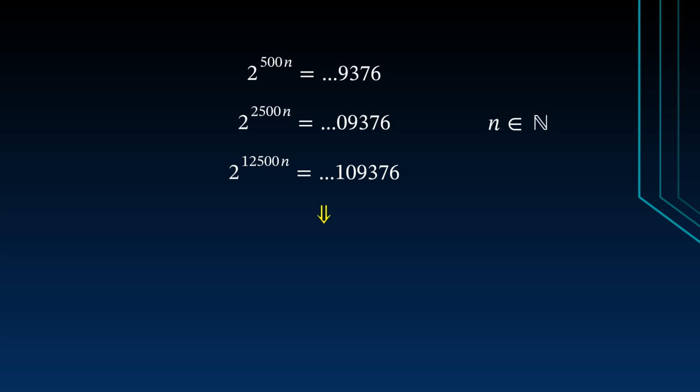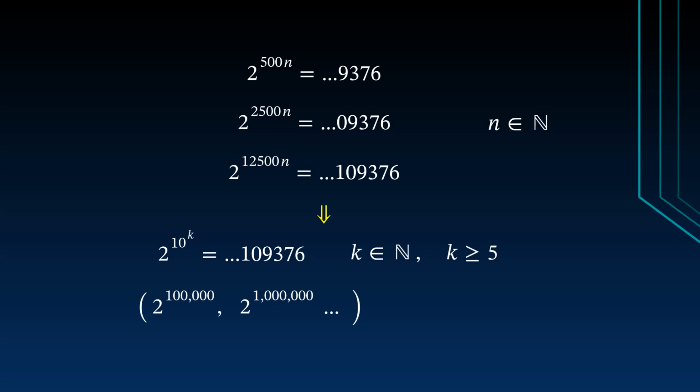Also, 2 to the power of 2500n ends with 09376, while for 2 to the power of 12500n we can name 6 last digits: 109376. The last equation in particular applies to 2 to the power of 10 to the power of k, where k is 5 or more, such as 100,000, 1 million, etc.